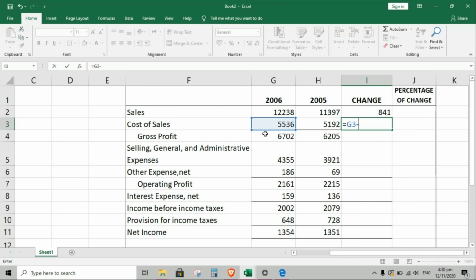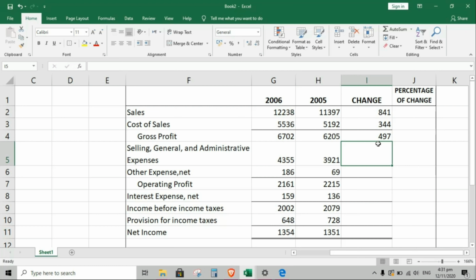5,536 minus 5,192, 344. And then, 6,702 minus 6,205 equals 497.